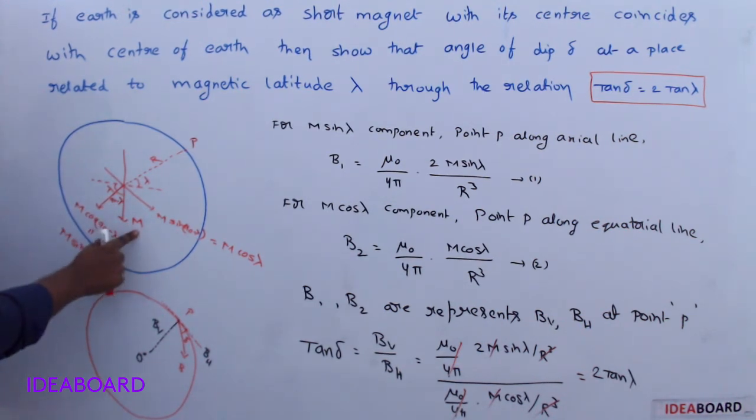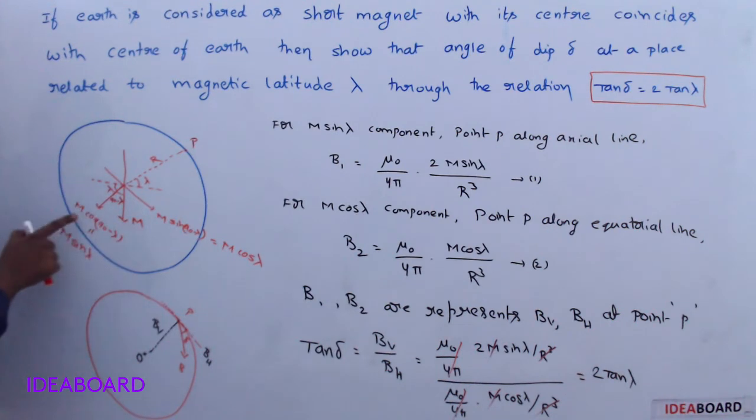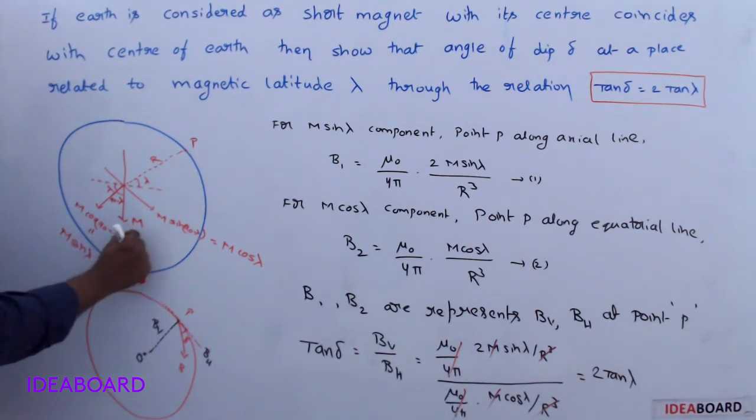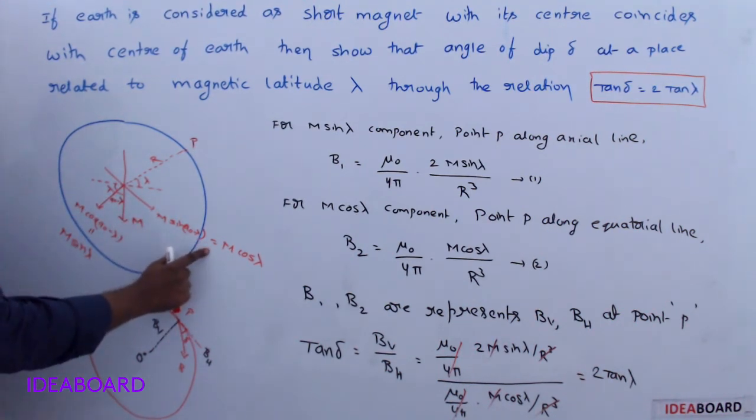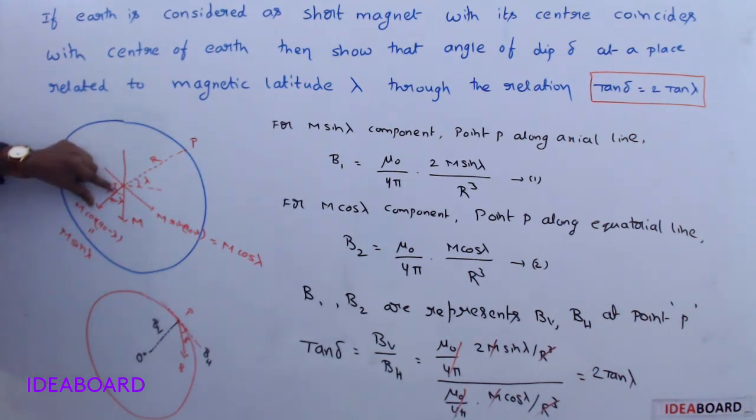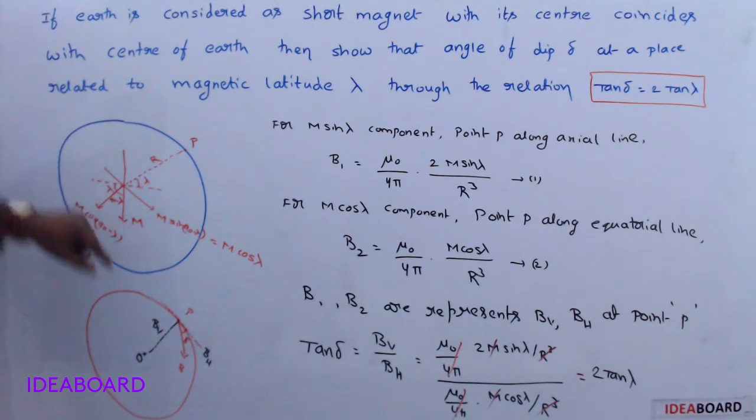Now M is divided into two components: M cos(90 minus lambda) and M sin(90 minus lambda). For the M sin lambda component, point P is along the axial line.